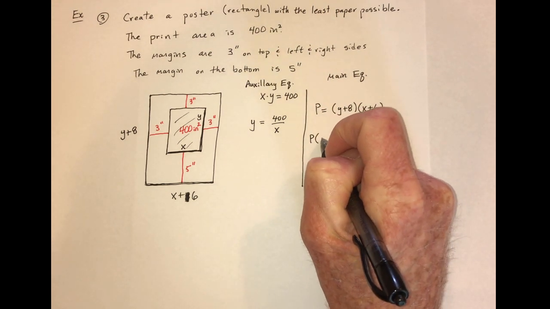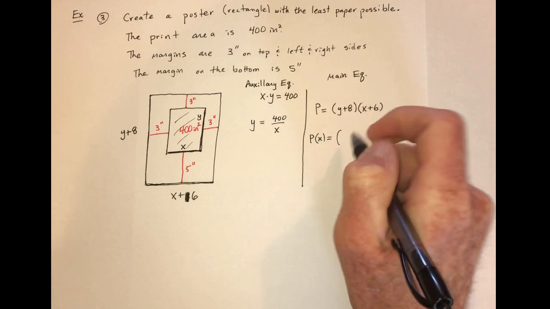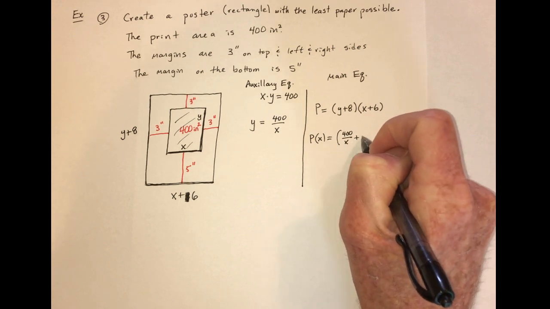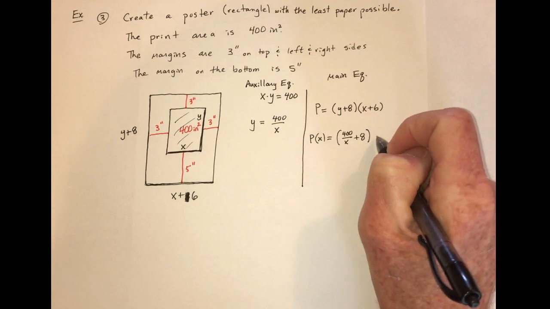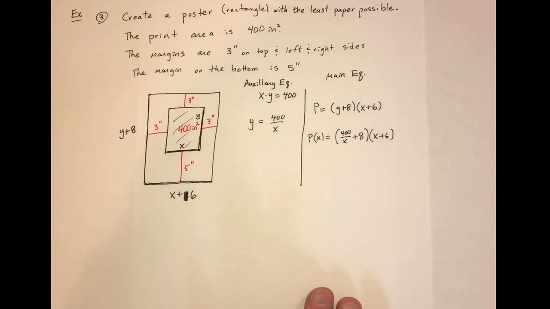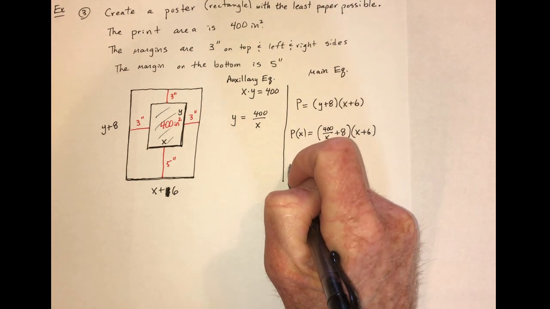So P as a function of x equals 400 over x plus 8, and then times x plus 6. I'm going to go ahead and multiply this out.